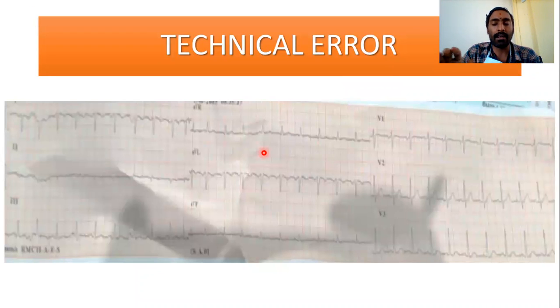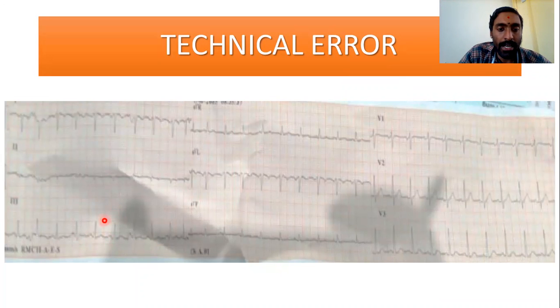Once we are done looking at the axis, we start to interpret the ECG. The first thing is to look at standardization. Once we are clear with the standardization, we look at lead AVR, because the P wave should be negative in lead AVR and the net QRS should also, most of the time, be negative.